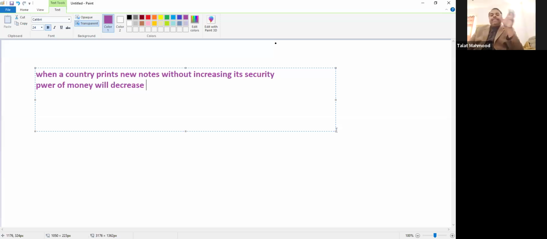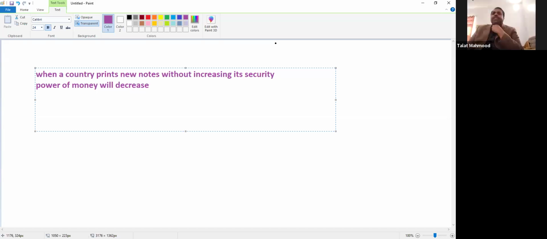So we call it deficit investment in economic terms, because every central bank is considered and monitored by the IMF, International Monetary Fund, and World Bank, because they set the security level.